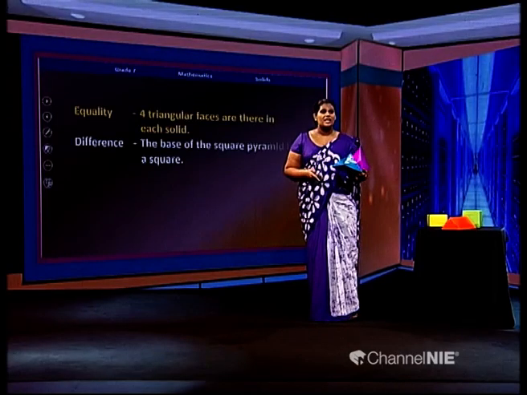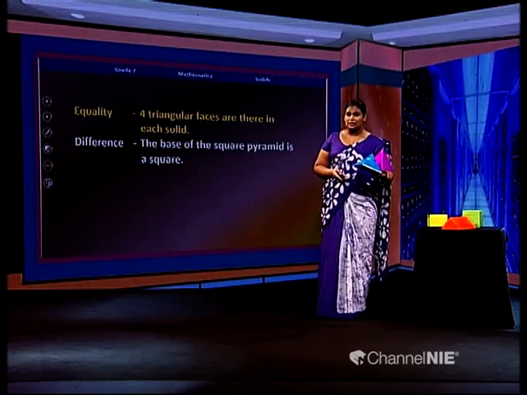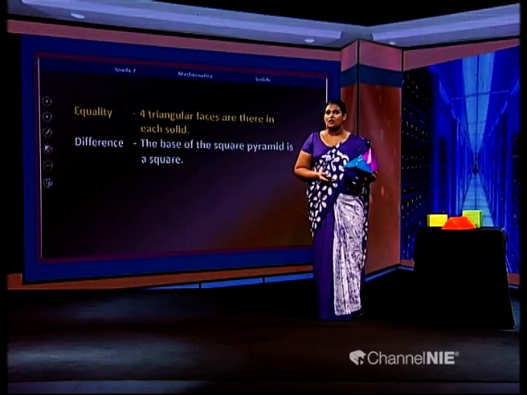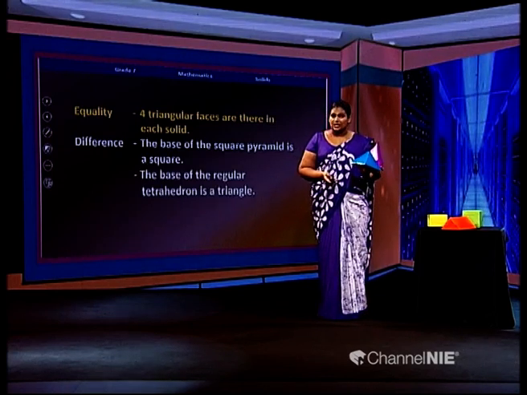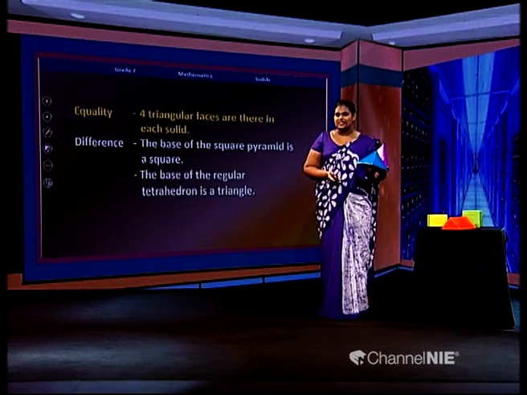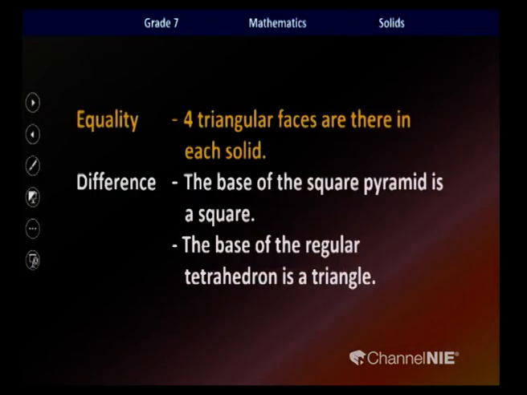Therefore, the regular tetrahedron has a triangular base, but the square pyramid has a square base. So, we can consider it as the difference. That is, the base of a square pyramid is a square. The base of a regular tetrahedron is a triangle. Right. Okay. I think you have got the answers correctly.